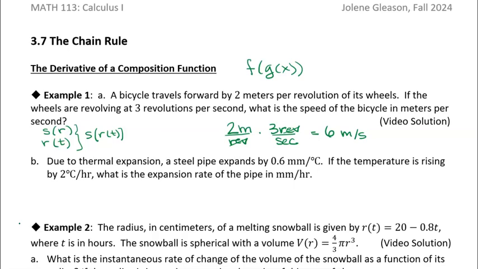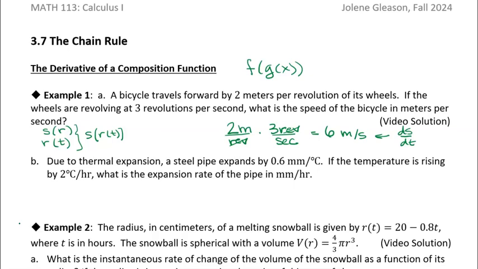So this is essentially a composition of two functions. And then what we've got over here is essentially ds dt. We multiplied the two rates together in order to get a new rate.